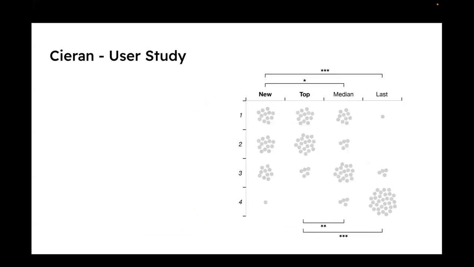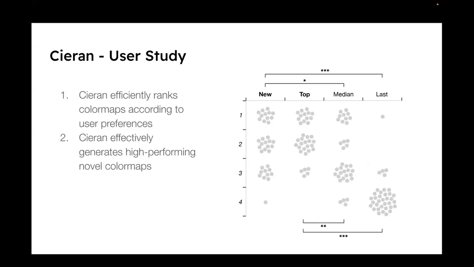What we found was that both the new and top-ranked color maps were ranked higher than others in aggregate. And as a metaphor, if this was a ranked choice voting election, for instance, the new and top-ranked color maps are essentially going into a runoff. So these findings do suggest that Cieran efficiently modeled user preferences and was able to generate high-performing novel color maps.